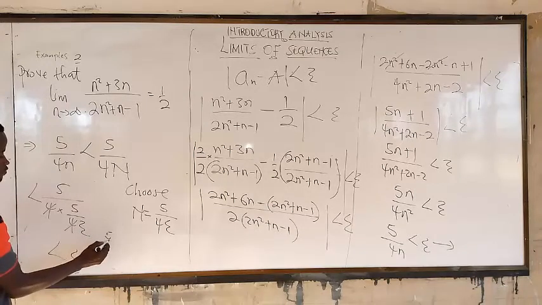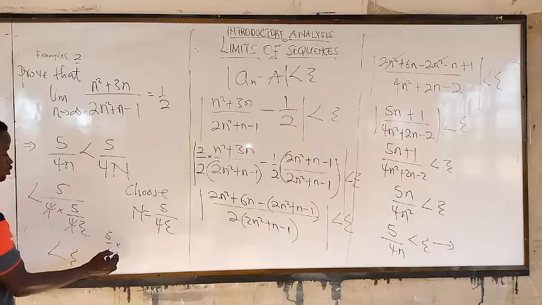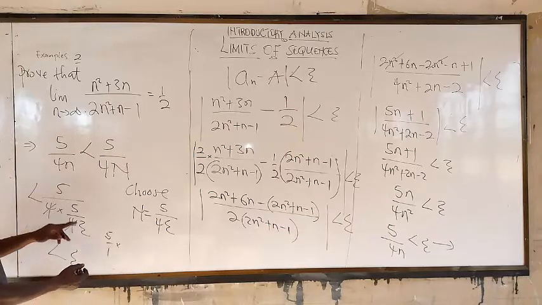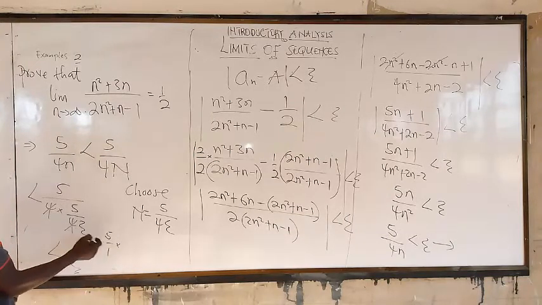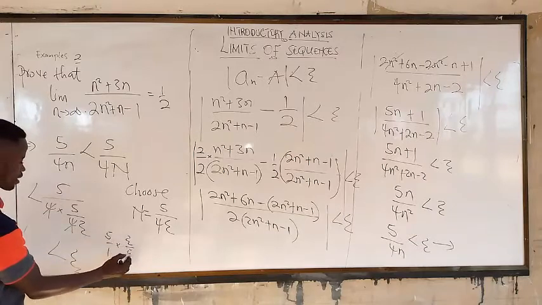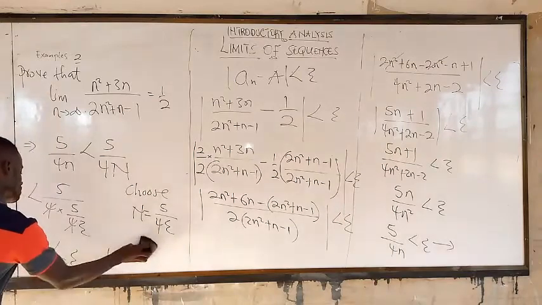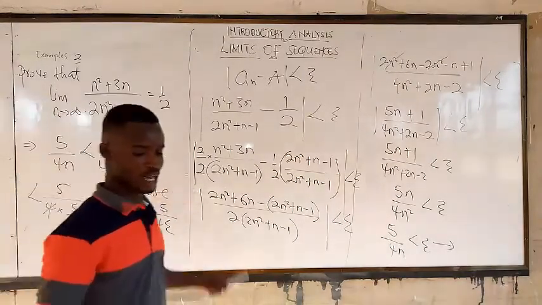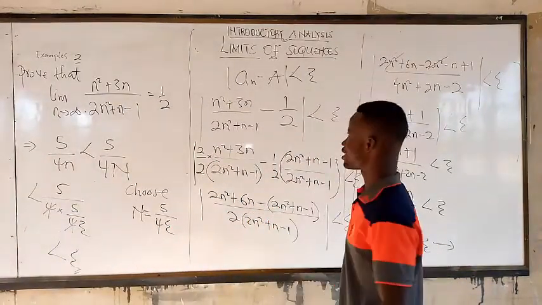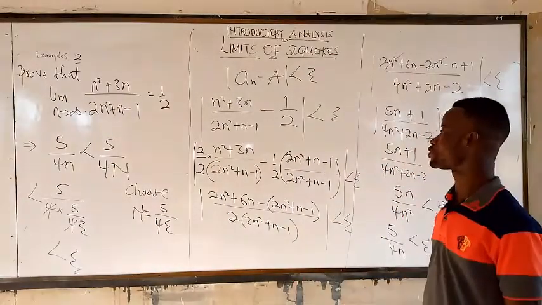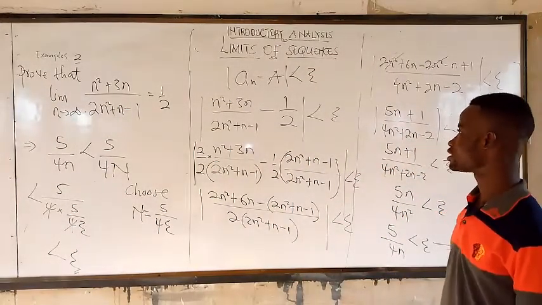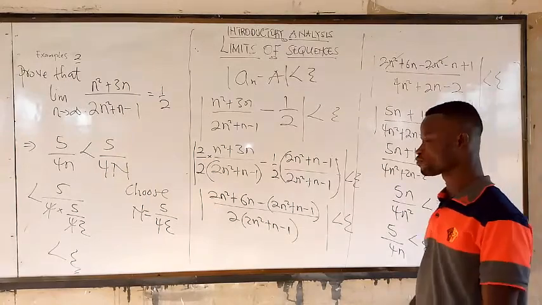I won't be doing it again. Here you get epsilon over 5. This will cancel this. So you get it to be less than epsilon. Alright. So now it's proved. Beautiful. Now it's proved. Very good.